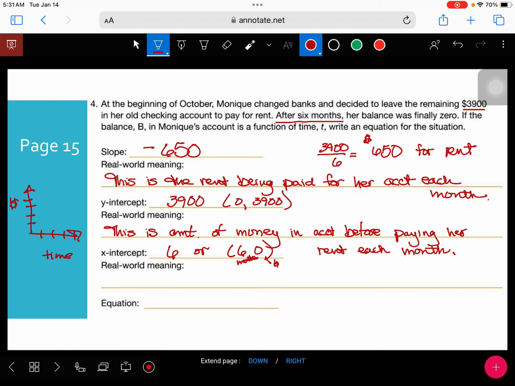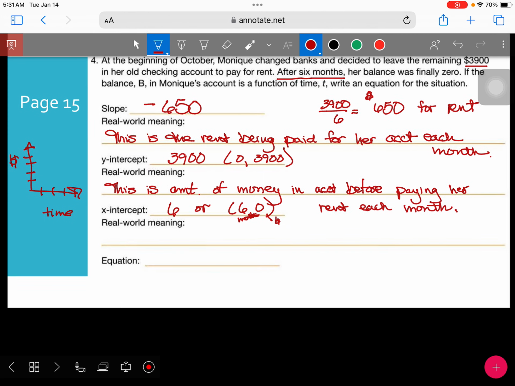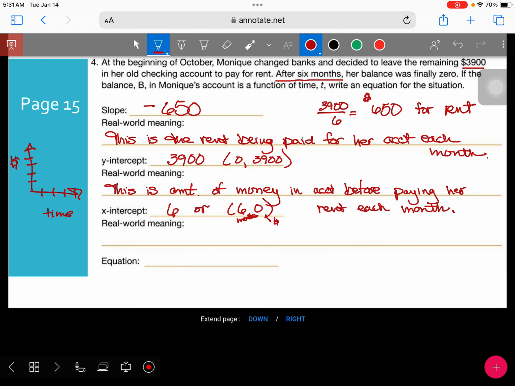So this is time and this is the amount of money. Real world, and I like putting these labels on with these actual points: after 6 months Monique has no money left in her account.